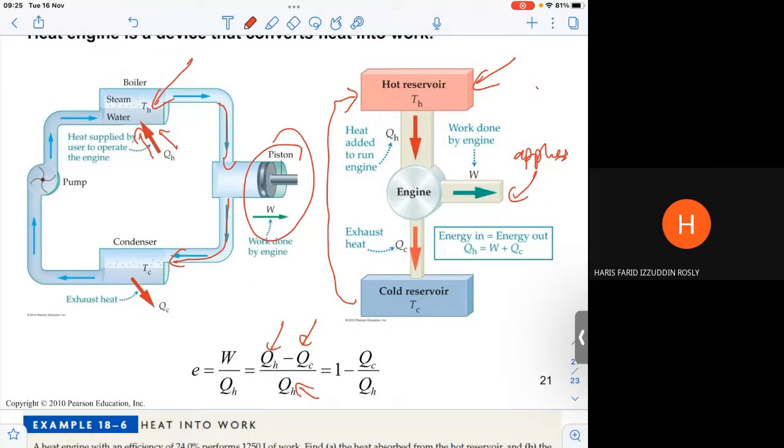If you want to get the efficiency as a percentage, you just multiply by 100%, or you can leave it as a decimal. So it's either QH minus QC over QH, or QH minus QC over QH times 100% in order to get it as a percentage value.